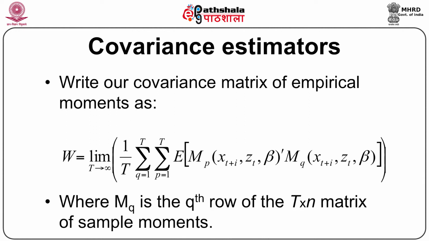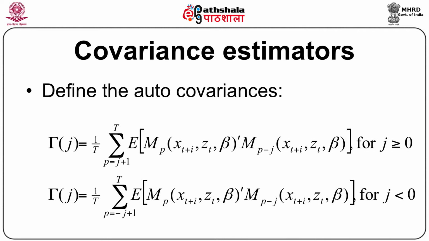So, this is basically the representation of some cross product term representing the mp and mq, where mq is the qth row of the T cross N matrix of the sample moments. So, basically you are using the variance covariance matrix among the different explanatory variables.